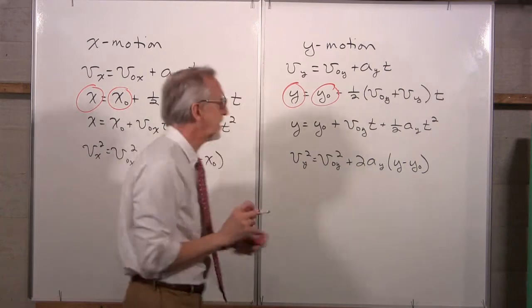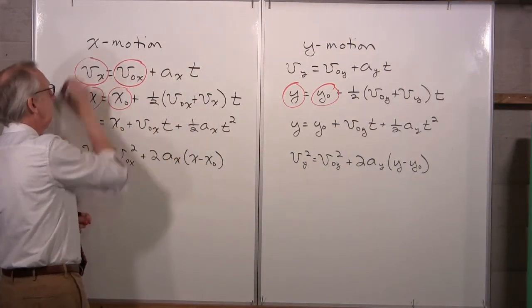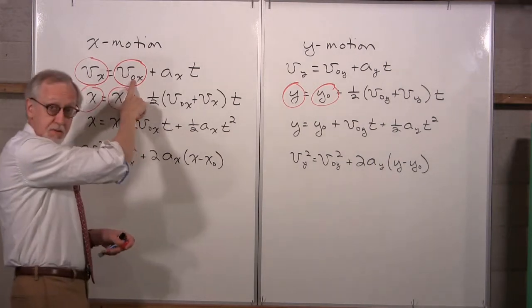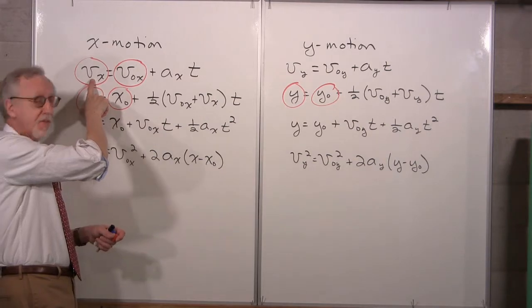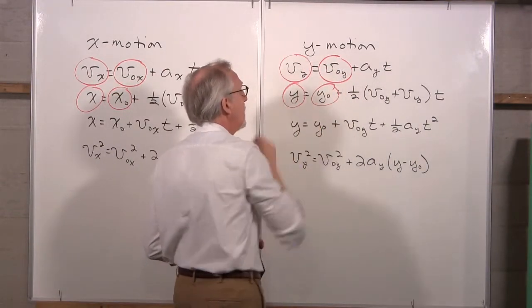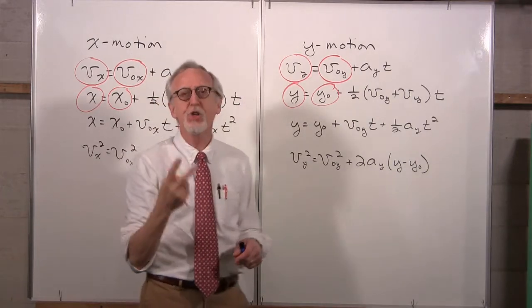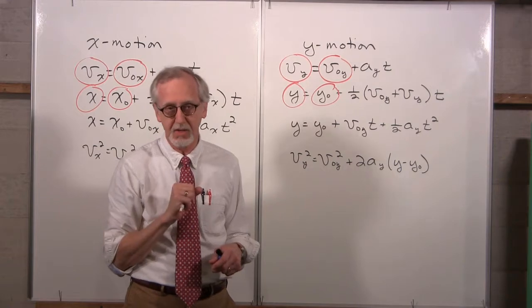What about the velocities? Now we have v naught x, vx, initial velocity component x, final x component of the velocity, but then we have v naught y and vy. So two initial velocity components, two final velocity components.